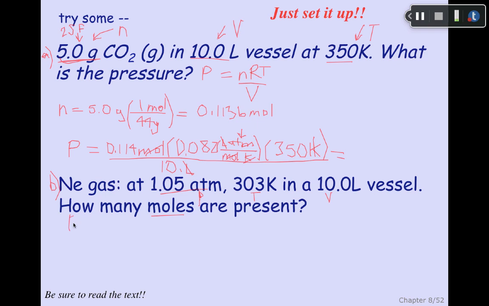Given the PV equals nRT relationship, rearranging the equation, you get n equals PV over RT.